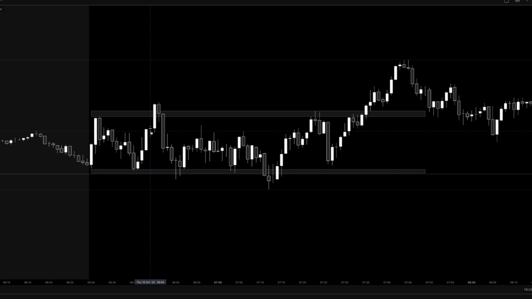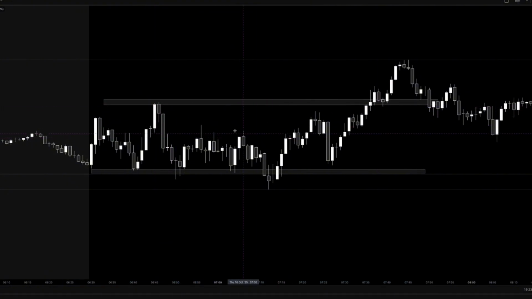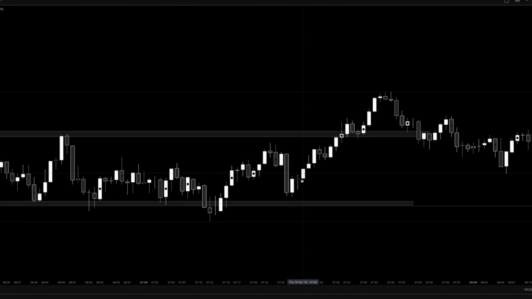This is the only time you're actually going to use the 6:45 candle as a zone: if the 6:45 candle closes above the 6:44 and then it reverses, boom, you use it as a zone. So that's going to be the first 15 minutes, high and low.